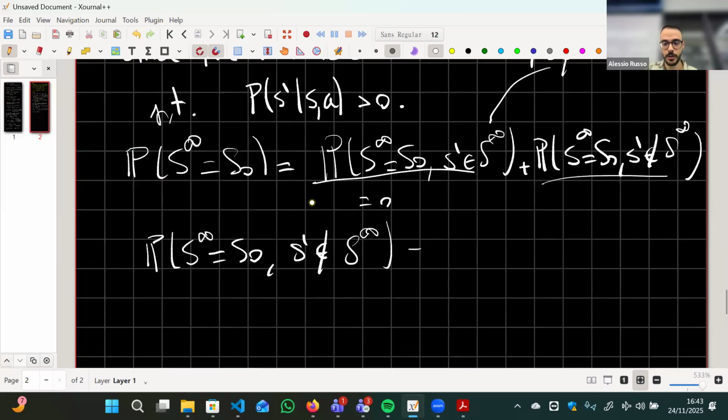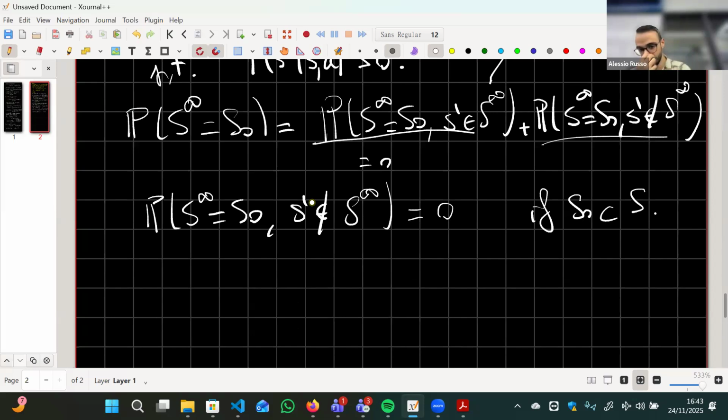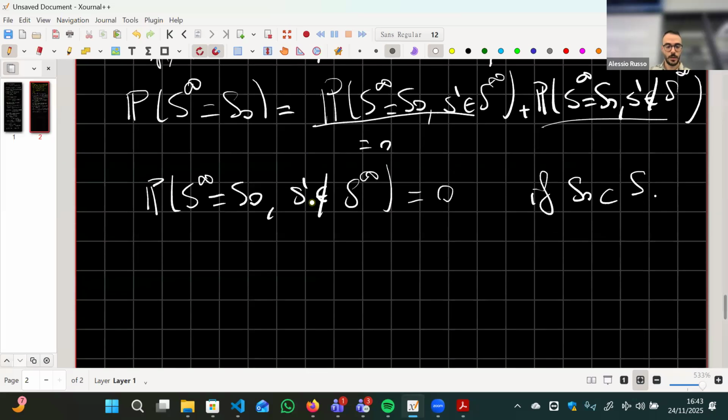Yes, so we want to show that this other quantity is also equal to 0 if S_0 is a strict subset of S. So the idea is we want to exploit the communicating property. So let's take, for example, state S, and we know that state S belongs to S_0. What we're going to show is that we are going to visit S prime infinitely often.